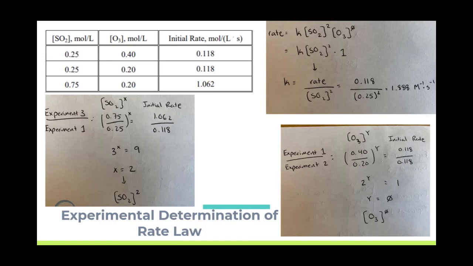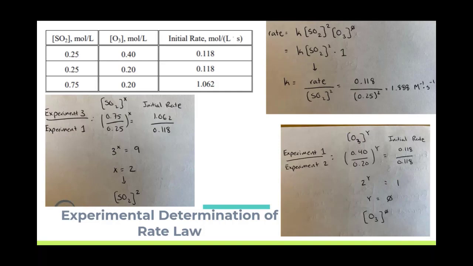So looking down at the lower left work, let's go ahead and compare 2 experiments. It should be experiment 3 and experiment 2. I accidentally wrote 1, but it should be experiment 3 and 2.